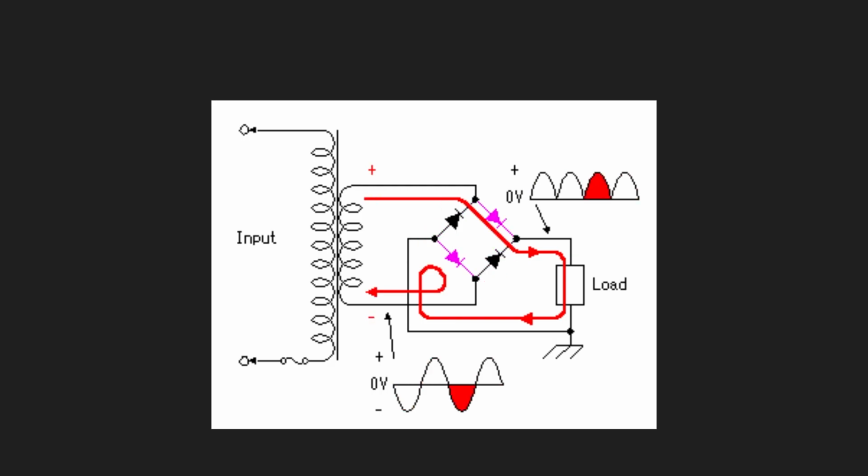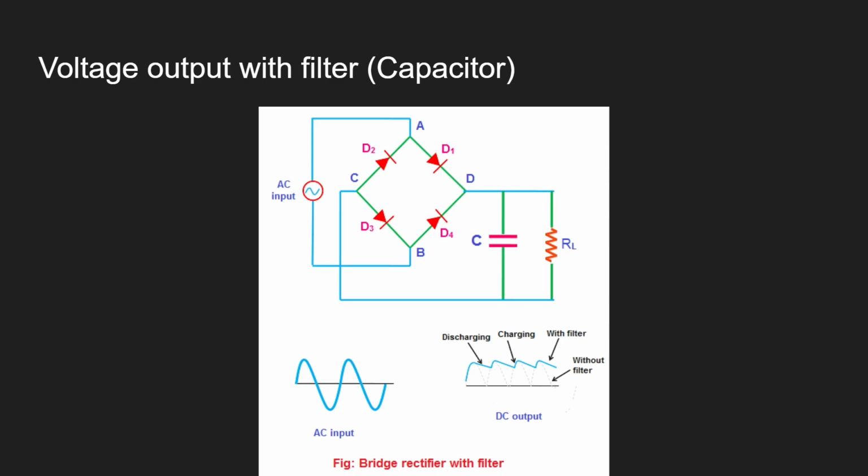So we want to smooth the curve, make it as straight as possible. We will make use of this capacitor. Do you still remember the last lesson? Capacitor is used to store electric energy, right? So when the voltage becomes very low, the capacitor will release energy and try to maintain the voltage until it receives a voltage higher than the capacitor can output.